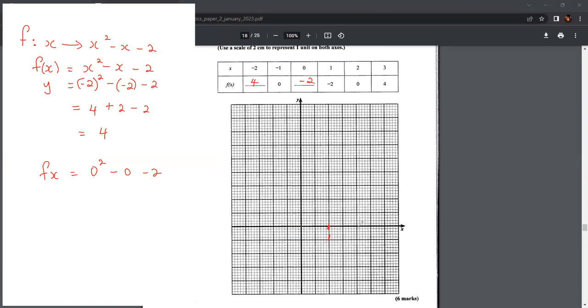And let's say you get a different graph book or a different graph page for exam. You just use your ruler and you measure it. So every 2 centimeters is 1 unit.